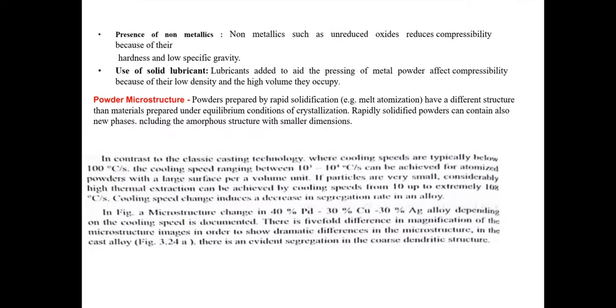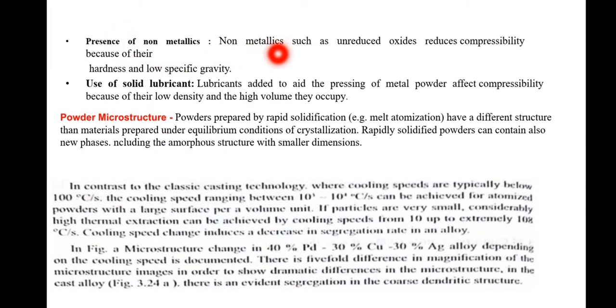Then the presence of non-metallics. If non-metallics, for example oxides, are present in the mixture of powders, they reduce compressibility because of their hardness and low specific gravity. Then the use of solid lubricants: lubricants added to help the pressing of metal powder may affect the compressibility because of their low density and the high volume they occupy.